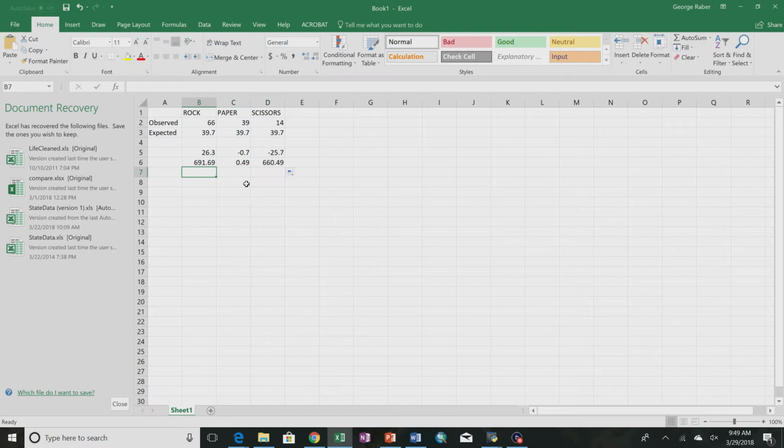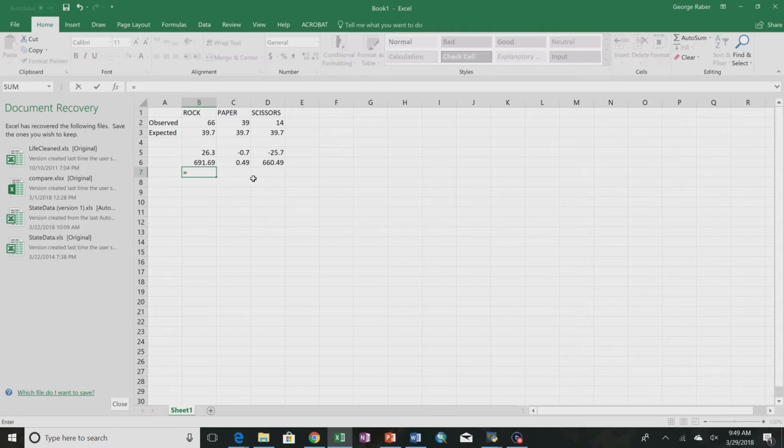And after we square it, what does that actually imply? Well, I'll just tell you. Because we're squaring it, the chi-square statistic is always positive. You can't get a negative number when you square a number, because it's either a negative times a negative or a positive times a positive.